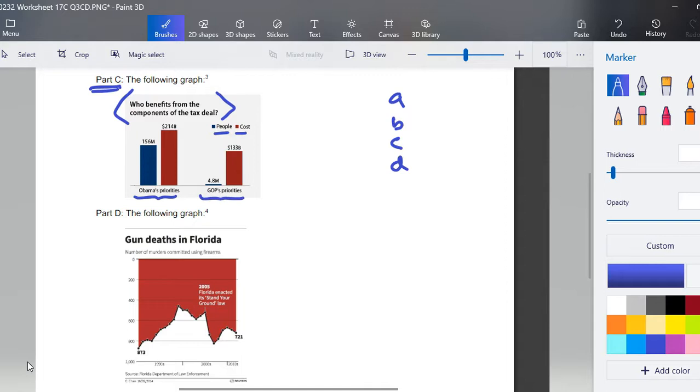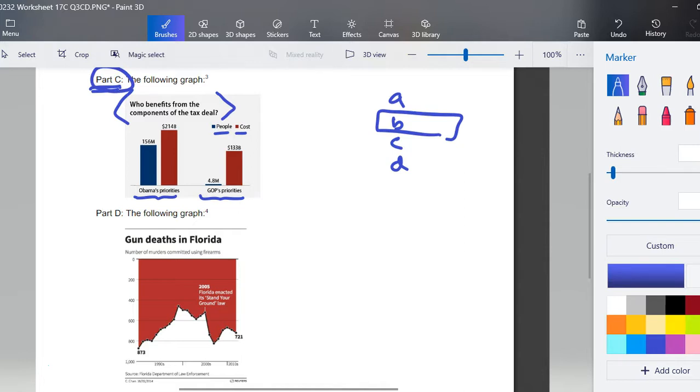The possible ways that visual displays can be presented in misleading or distorted ways include A, skewing the graphs, B, making inappropriate comparisons, C, poor use of pie charts, and D, presenting inappropriate correlations and causations. We better go with B on this one because they are making inappropriate comparisons. So B on part C.